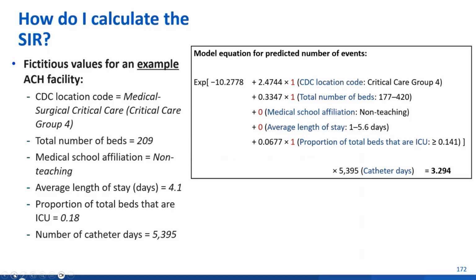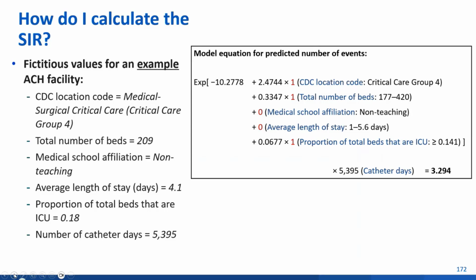So we have negative 10.277 for the intercept, 2.4744 for the location type contribution, and 0.3347 for the total number of beds contribution. There is a 0 contribution for the non-teaching medical school affiliation, indicating this was a referent level, and 0 contribution for the average length of stay.